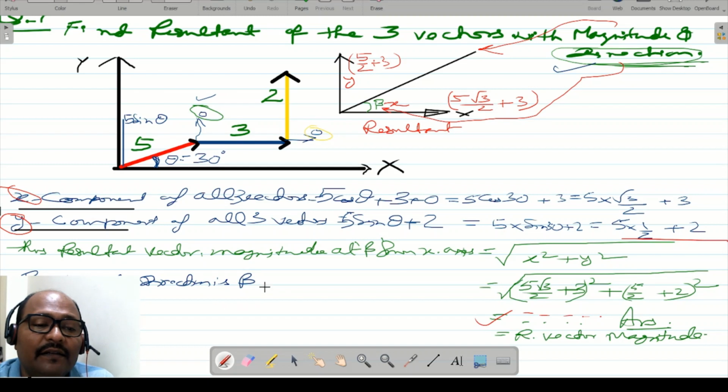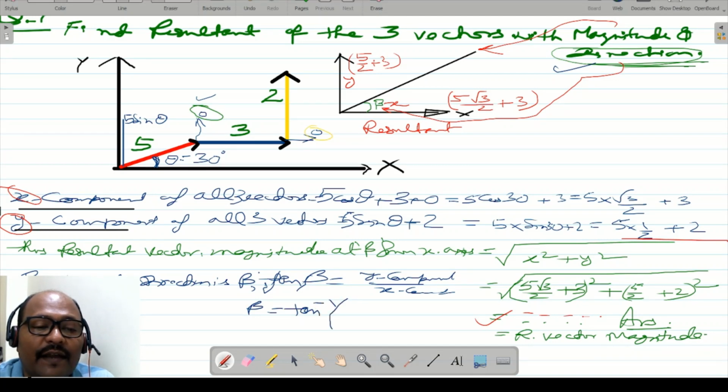You can write it now. Tan beta equal to y by x, that is y component by x component. So beta equals tan inverse of the value we get from the y component and x component.